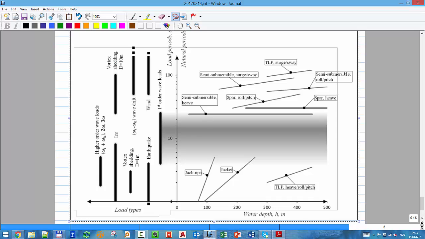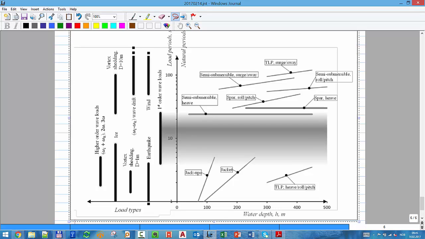On the left side you have the loads and the range of frequencies that they cover. You have wind, for example. Wind is usually up there, so it will affect floating structures very much. You have wave drift; you have different phenomena related to waves, but waves, for example, would affect that part.